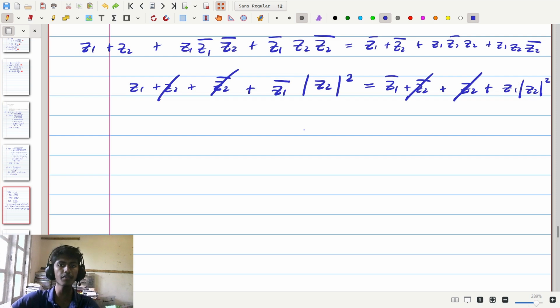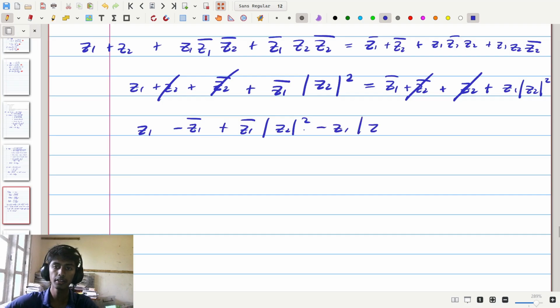Now if we take everything to one side, we have Z1 minus Z1 conjugate plus Z1 conjugate times the modulus of Z2 squared minus Z1 times the modulus of Z2 squared, and that's going to be equal to 0.